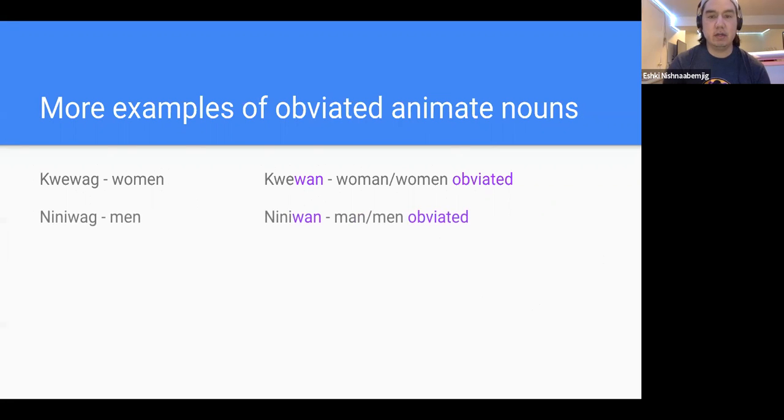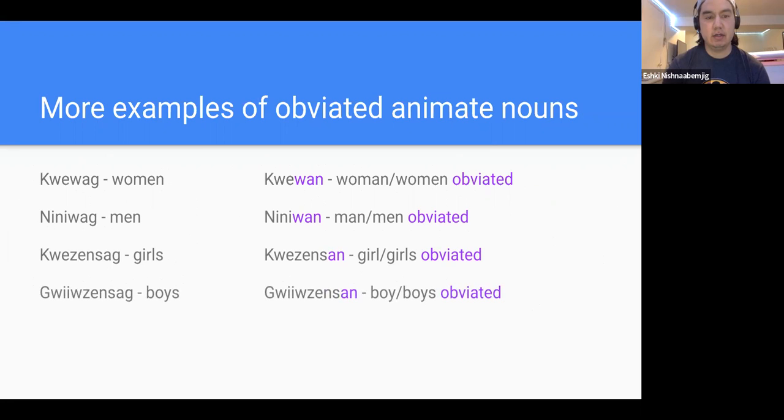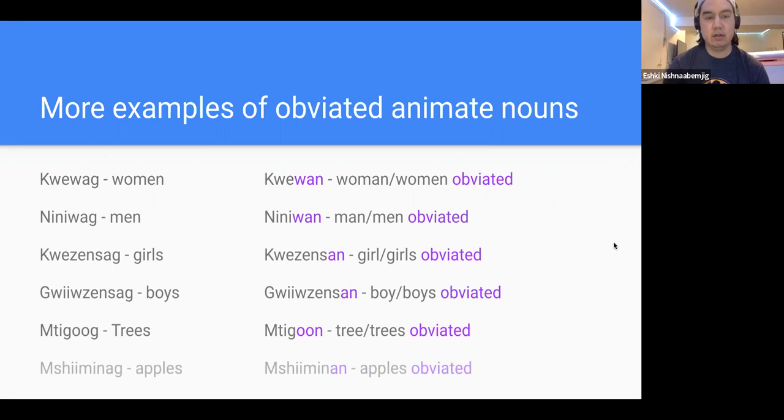Ninwug, ninwan. Kwezasug, kwezassun. Guzensug, guzentsun. Tagug, tagun. Shimanug, shimanan. I'm just putting the plural of these words up.